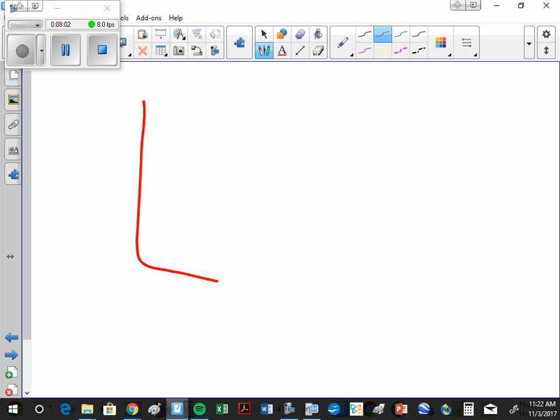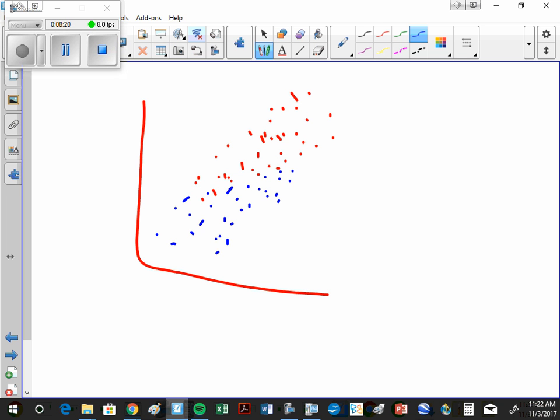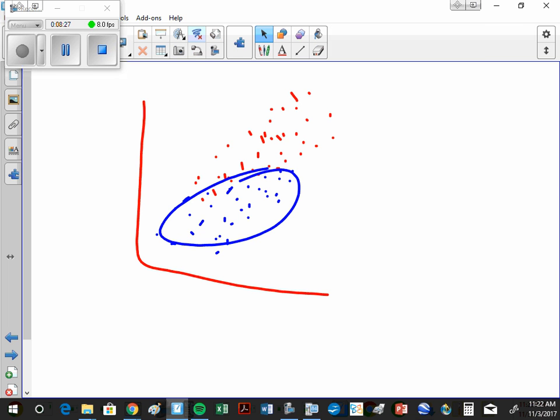So, men would probably be up there, and women would probably be so. Well, you have to be careful of that because you're looking at averages, right? You're not looking at everybody.